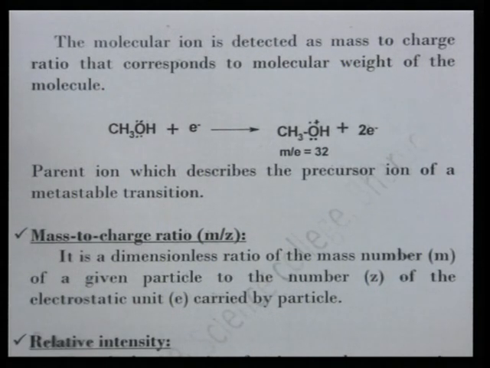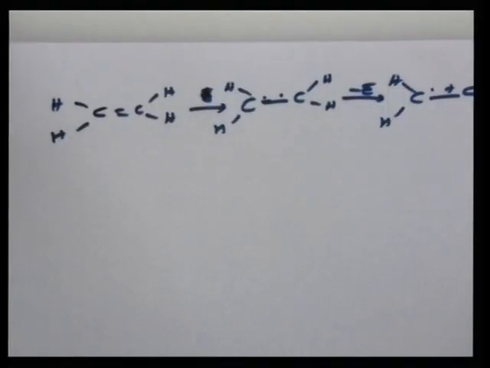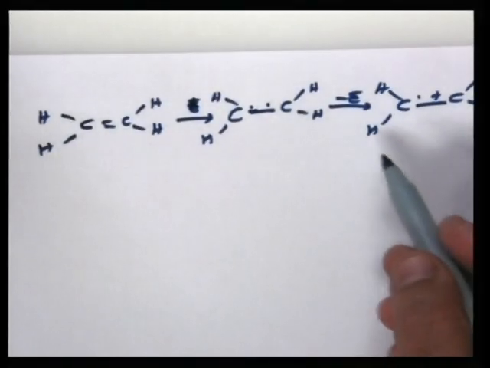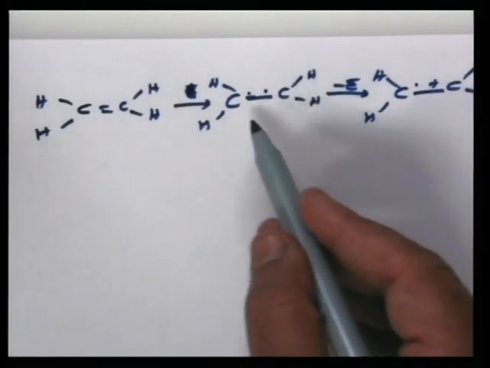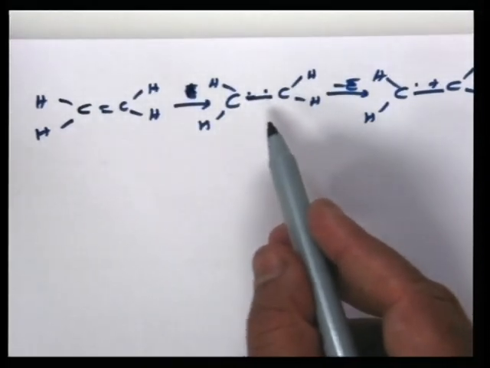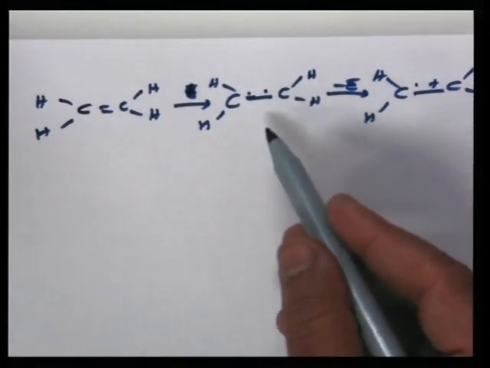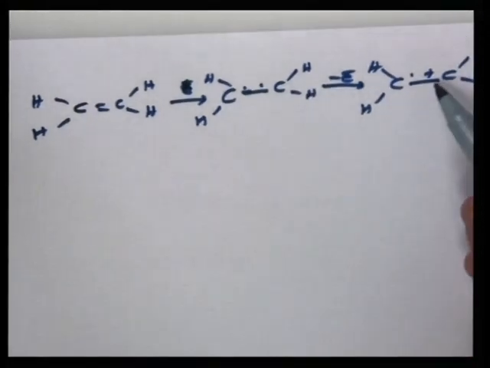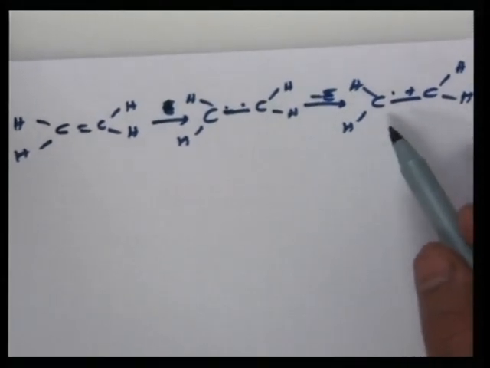The pi electron is written in dotted form. So, one electron, a negatively charged particle, is removed, so it produces a positive charge. So, a radical cation is produced like this.